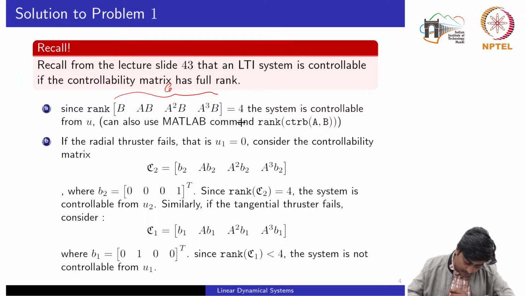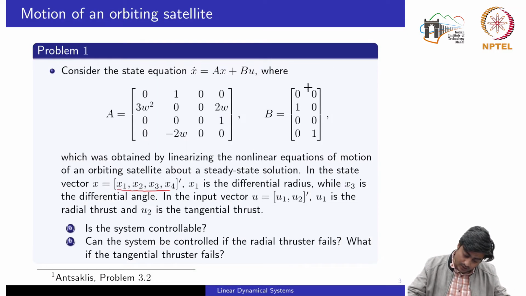Now we want to test if the first input fails, meaning if u1 is completely equal to 0. If you pay attention to the B matrix, this column vector corresponds to u1 and this one corresponds to u2.